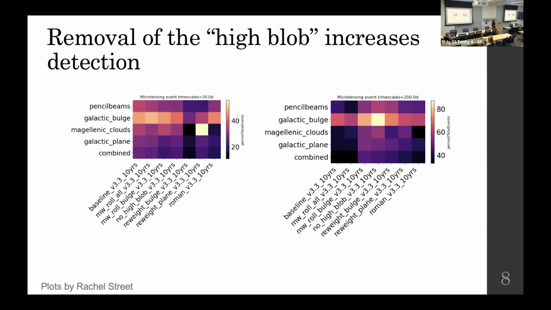On the left are 30-day microlensing events, and on the right are 200-day microlensing events. The brighter the color, the better it's done. You can see, especially in the right-hand plot, in the no high blob case, that we have an increase in detection.